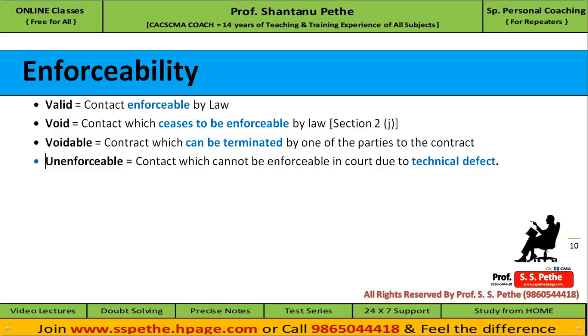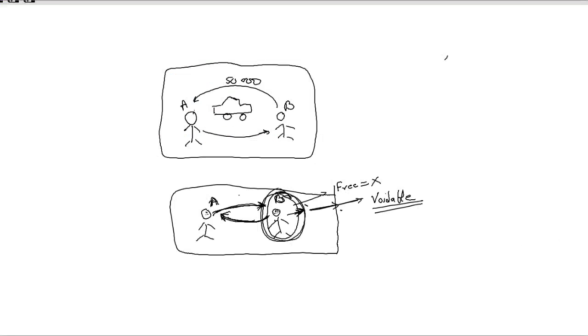Now let's see unenforceable contract. A contract which cannot be enforced in the court of law due to some technical defect. That is why it is called unenforceable. For example, there are certain contracts which need to be executed as per different laws on a properly stamped paper.